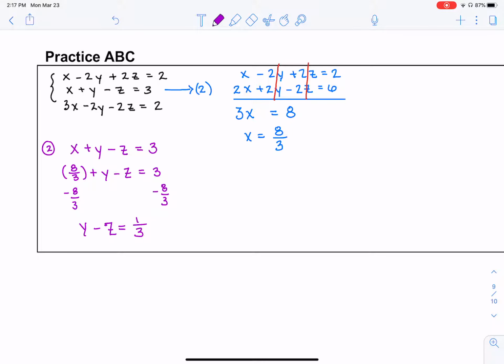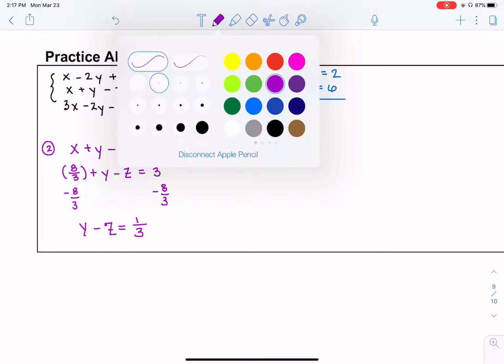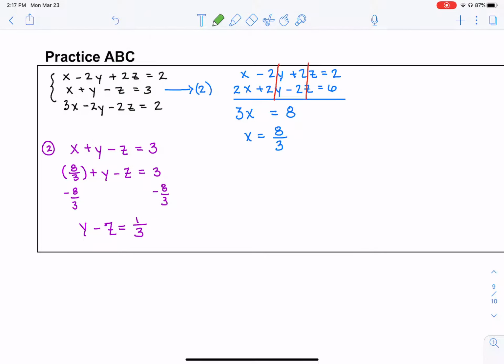We're ready to go to equation 3 now and do the same thing. Okay, I'm going to look at the original equation 3. I'm going to plug in 8/3 for x value. Go through and simplify that.